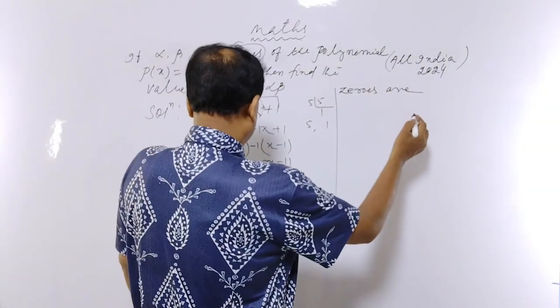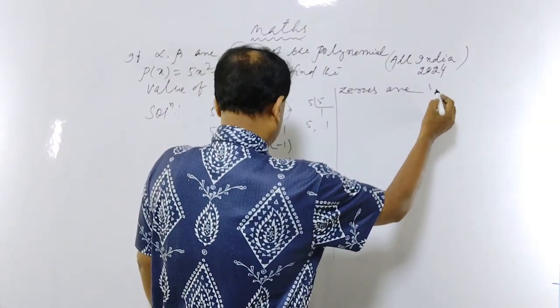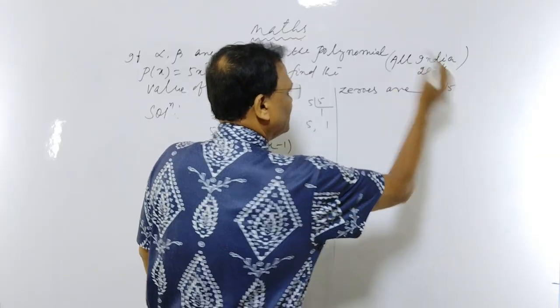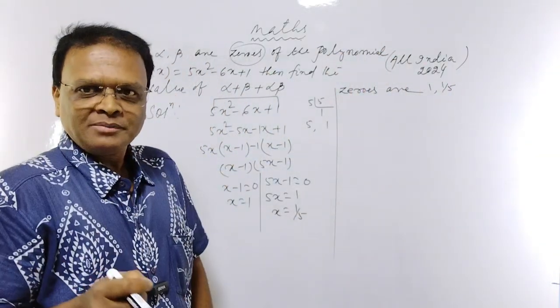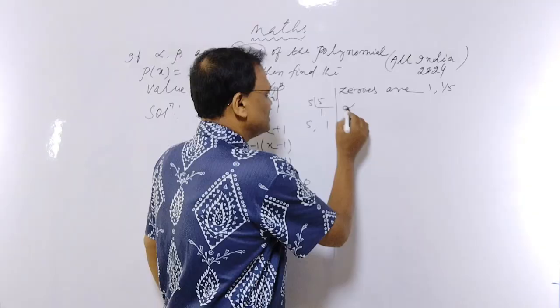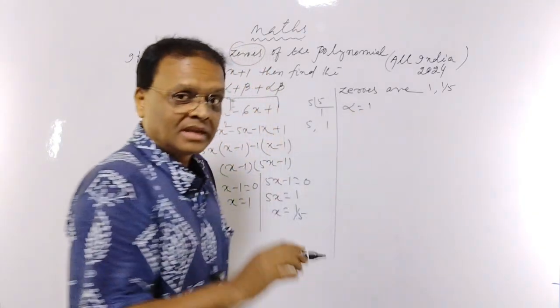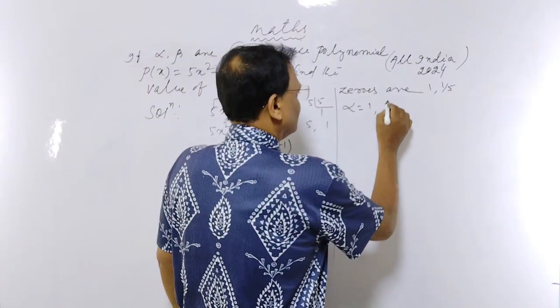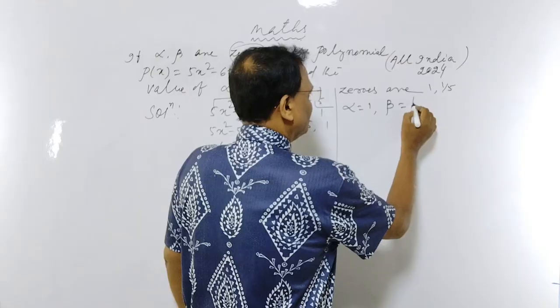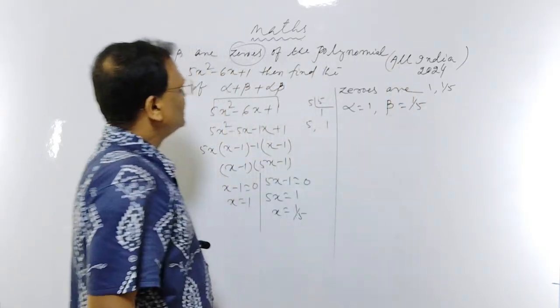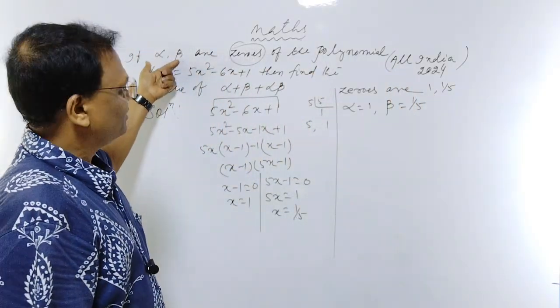So the zeros I got are 1 and 1 by 5. Now let me consider alpha is equal to 1 and beta is equal to 1 by 5. So these two zeros I got, alpha and beta.